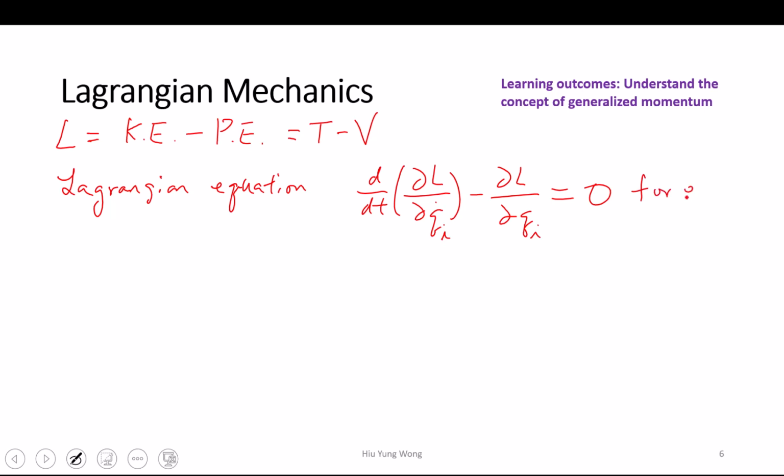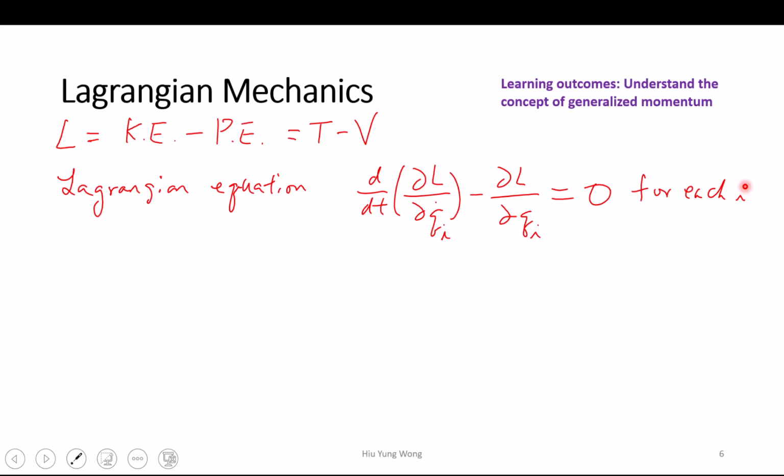For each i. So i can be x, y, z, but not just x, y, z, because we can have many particles. And we are talking about generalized coordinates. So it can be angular velocity versus the angle, which is also a generalized position and generalized velocity.